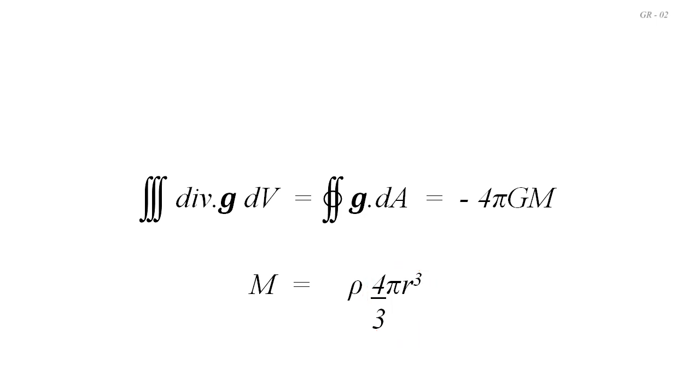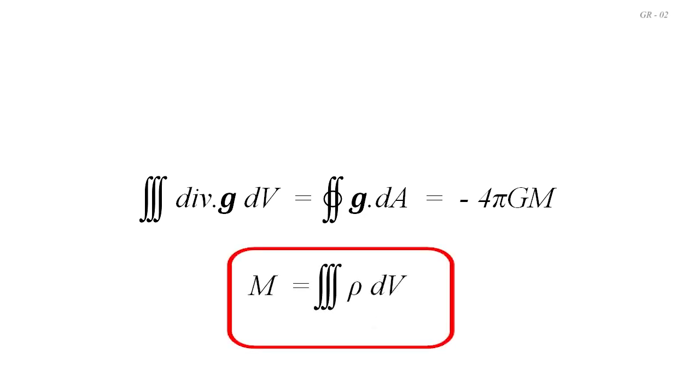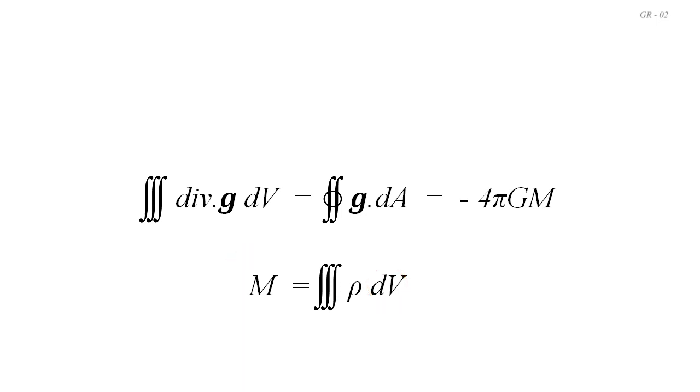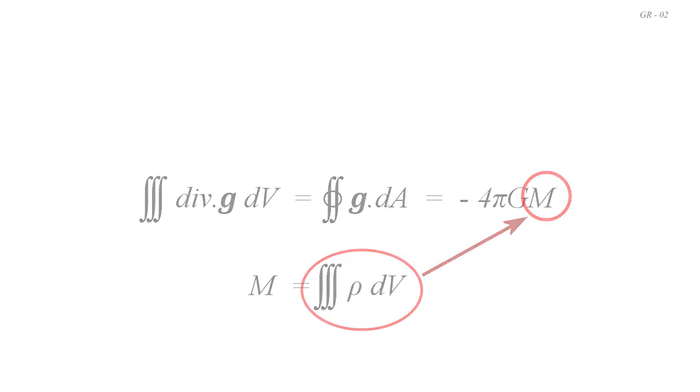Or rather, just in case the mass of the sphere is not homogeneous, we would say that the total mass is the integral of its density over its volume. And so if we take the equation that we've just found and substitute it into this new expression for the mass M, we get this.